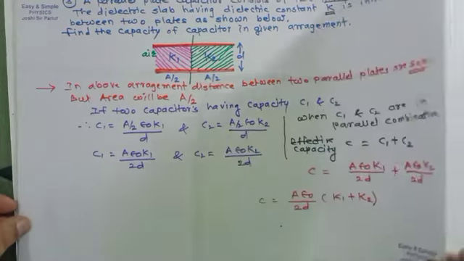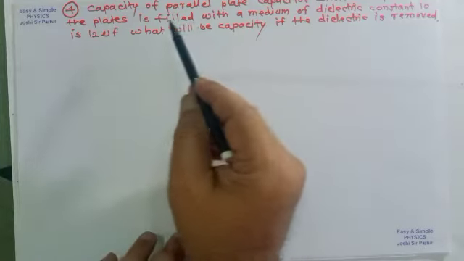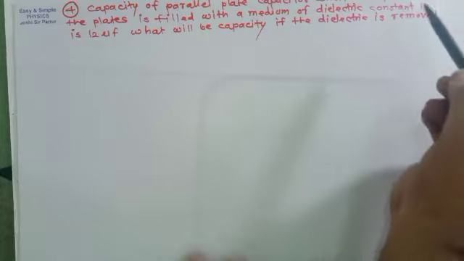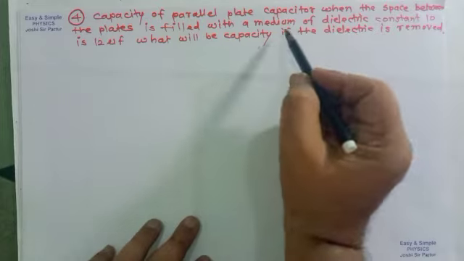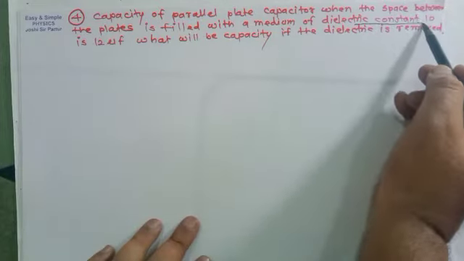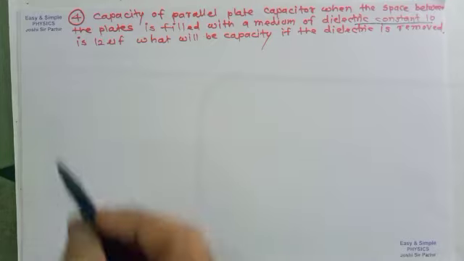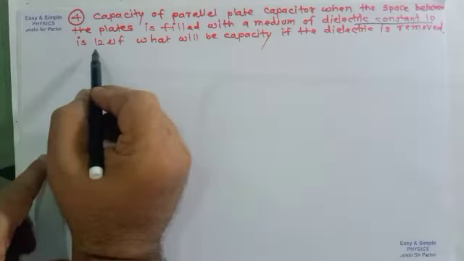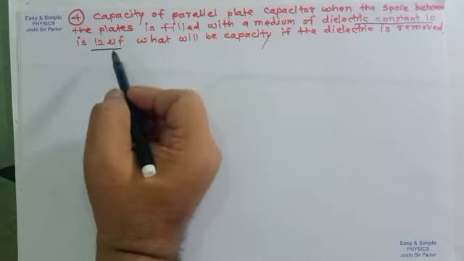See another example, that is capacity of a parallel plate capacitor when the space between the plates is filled with a medium of dielectric constant 10. See here, dielectric constant is given as 10, and the capacity is 12 microfarad.